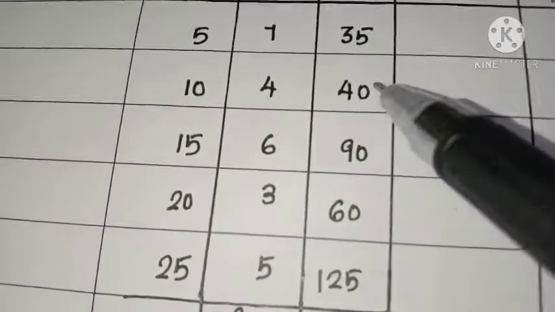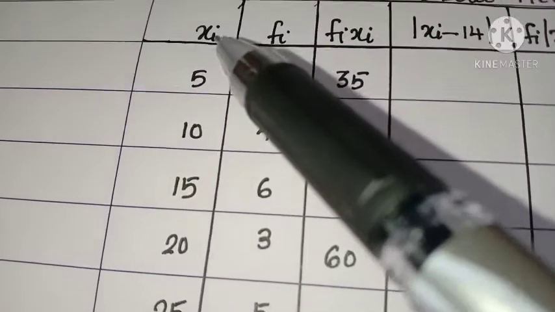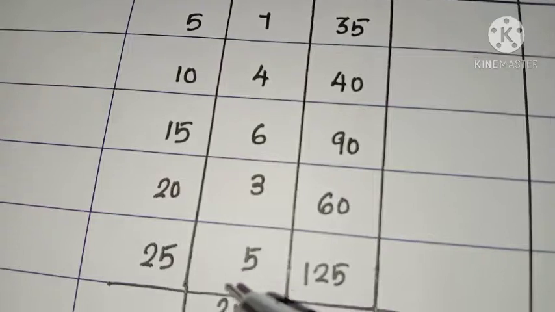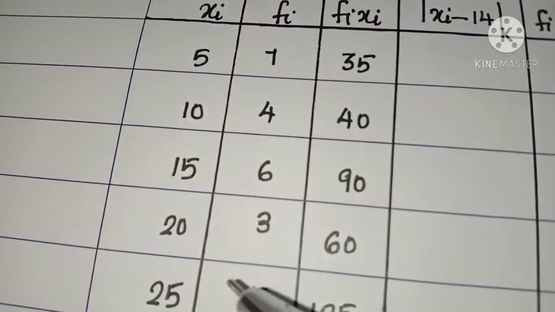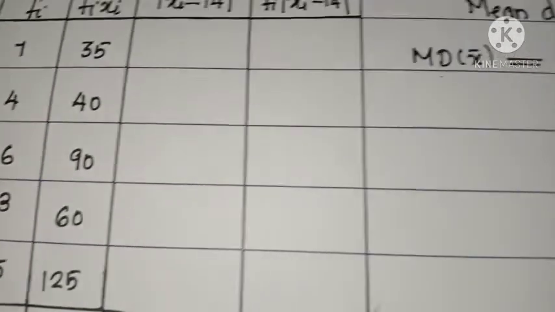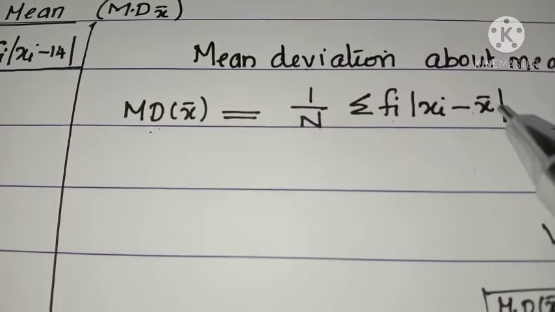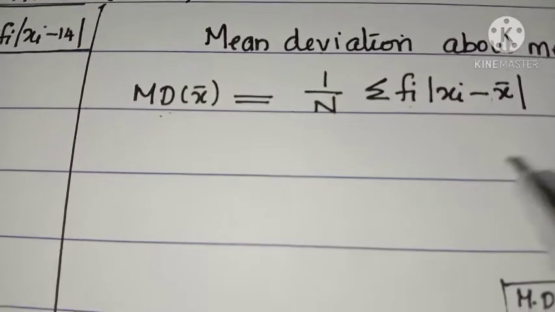Let's see this question. See, this is the data: xi values, fi frequency. Values and frequencies are given. So, look at the result. First we need to find what x bar is.